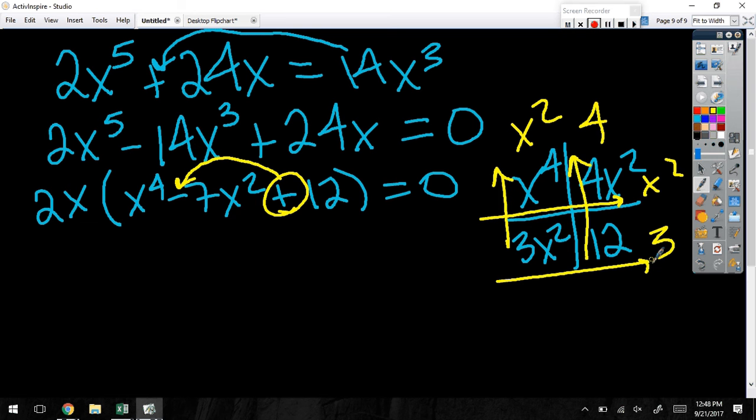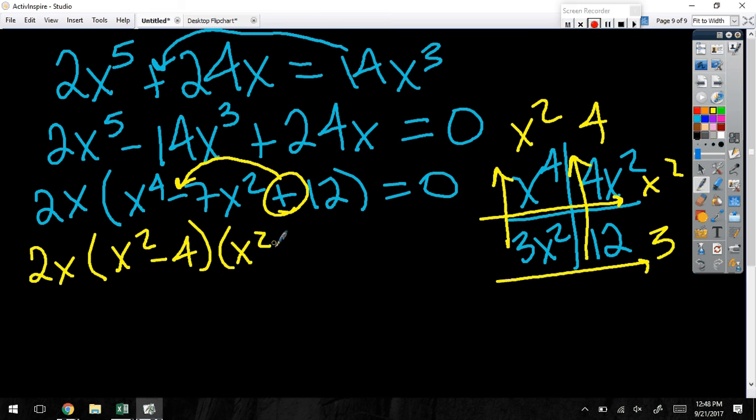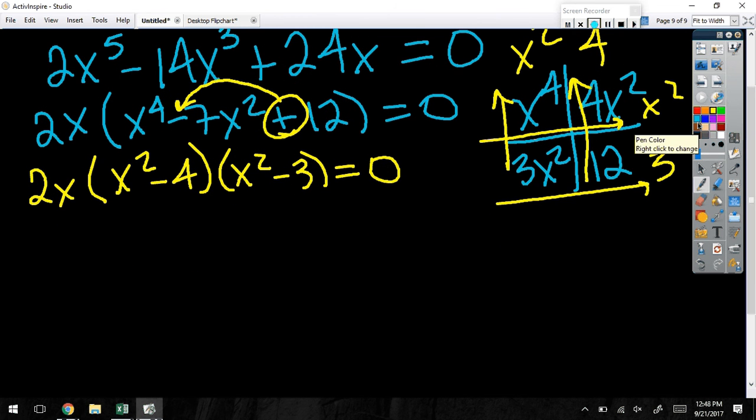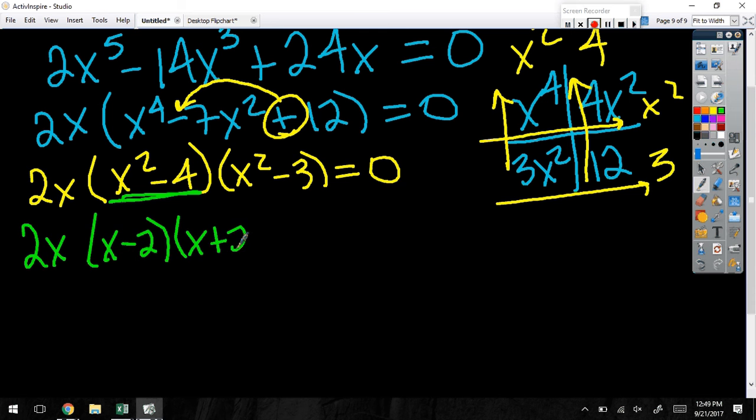So now I have 2x times (x squared minus 4)(x squared minus 3). Is it factored completely? No. Why? Because the first one, x squared minus 4, is a difference of two squares. x minus 2, x plus 2.